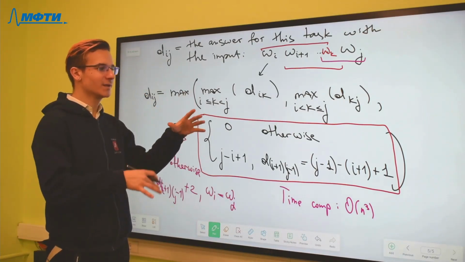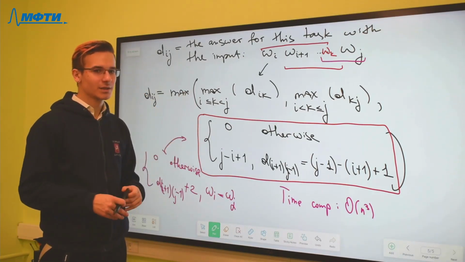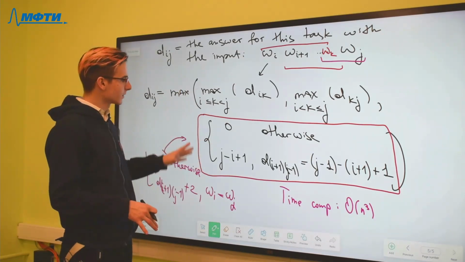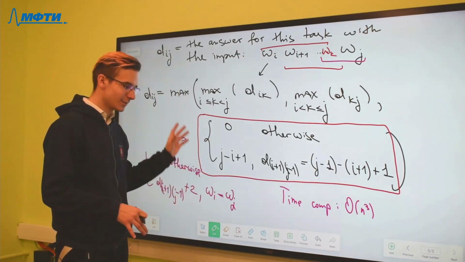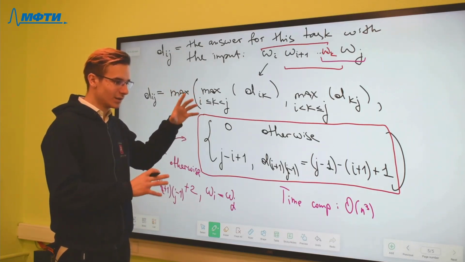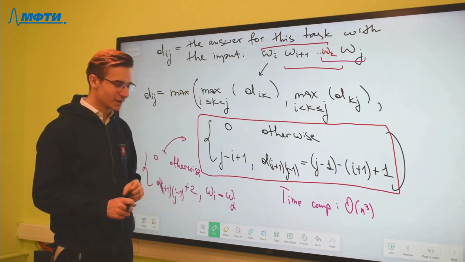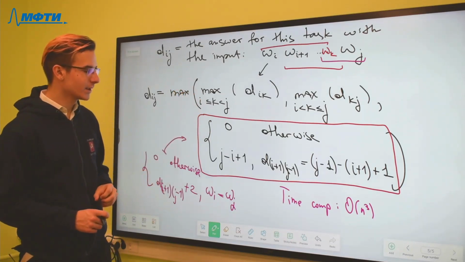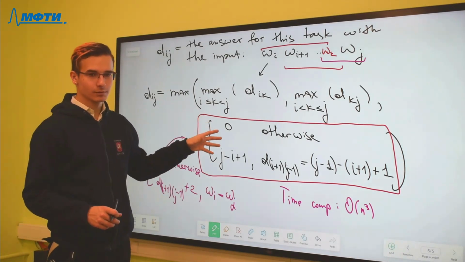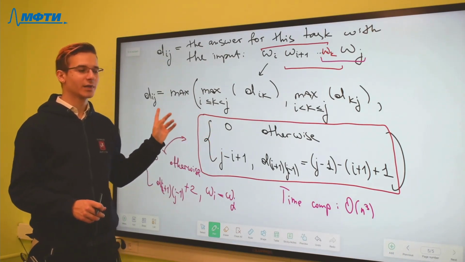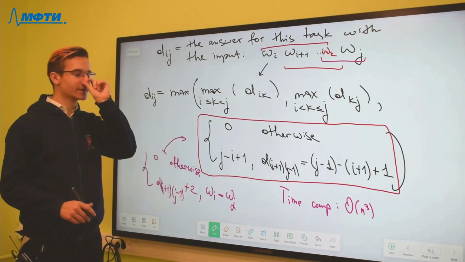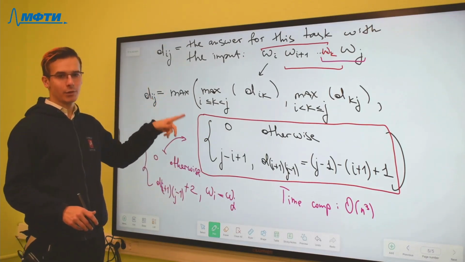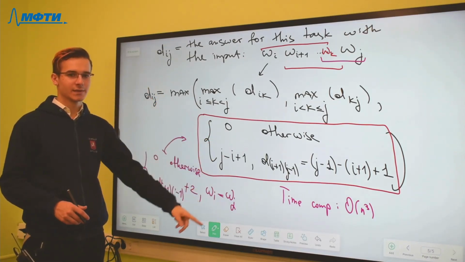But if you have an abstract structure that explains your solution, for example, for dynamic programming, in every task we have a recursive formula and we have subtasks.